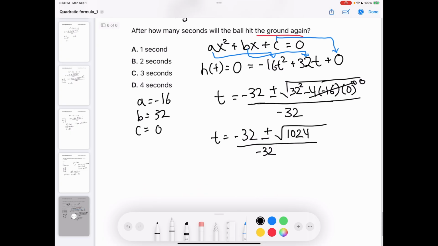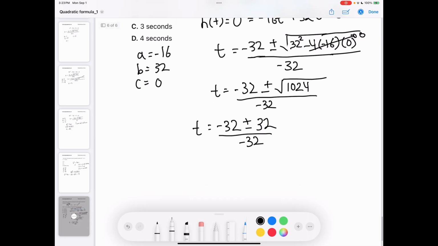And if I use the calculator, like you will be able to use on the SAT exam, you will get that the square root of 1024 is 32. So I end up with negative 32 plus or minus 32, all of that divided by negative 32.